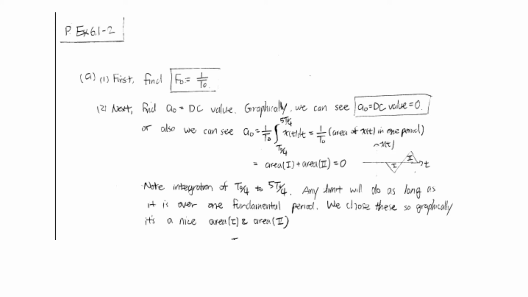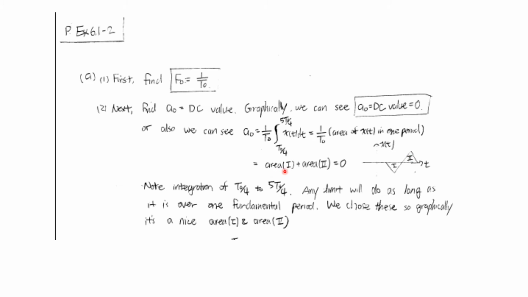For the purpose of generating this nice little plot, I can say, instead of integrating from 0 to t naught as I had in week 5, I'm going to integrate from t naught over 4 to 5 t naught over 4. So it's still the span of t naught, but if you look at that portion of the plot, it's going to look like this, where you can very intuitively see you're going to go over a negative triangle area and a positive triangle area.